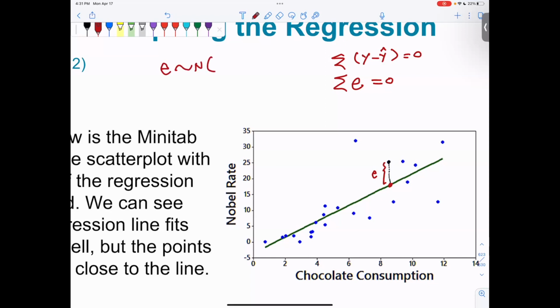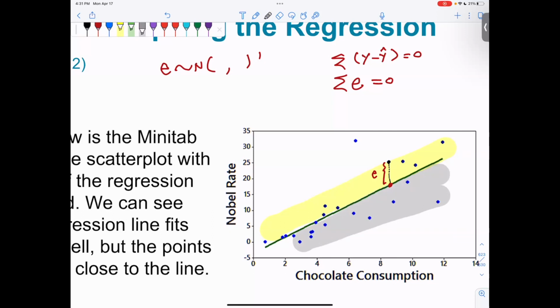But the problem is what? Those errors could be positive. Any values on the top here will be positive. And this error might be a negative value. The error here is negative.